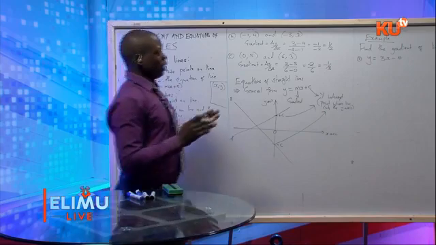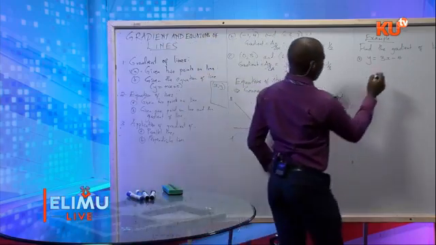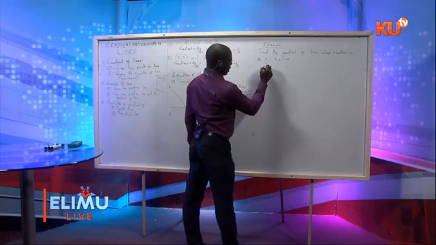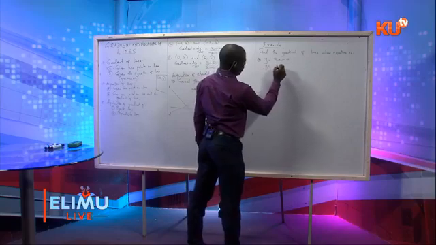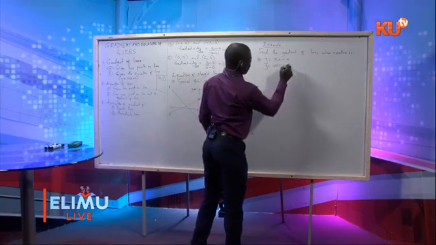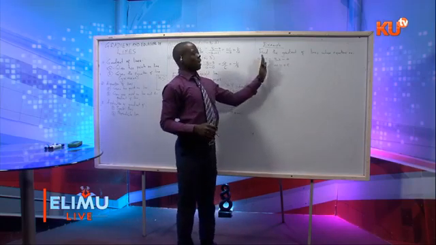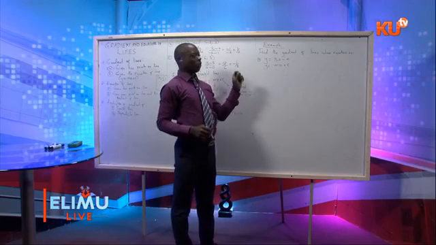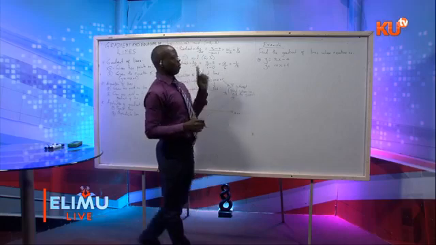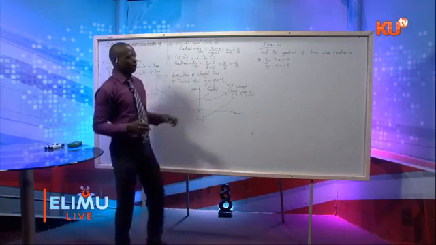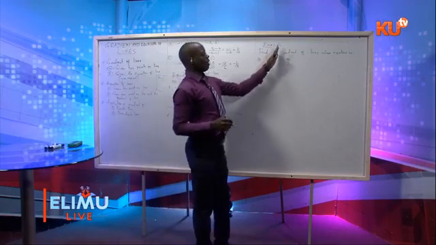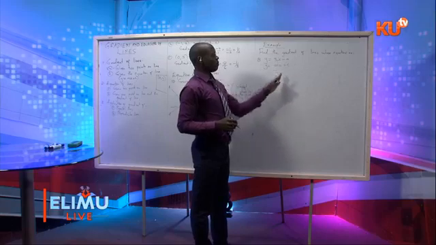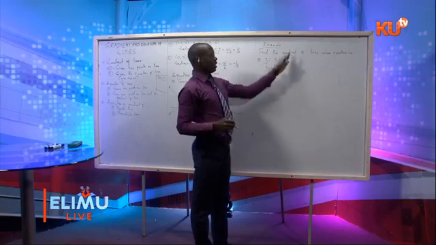Now, when we talk of the equation being in the form y is equal to mx plus c, this is what it means. On the left-hand side, we need to see y, and y should have only the coefficient 1, not more than 1. At this point, we need to have the value of x and m, and then we should have the value for c.